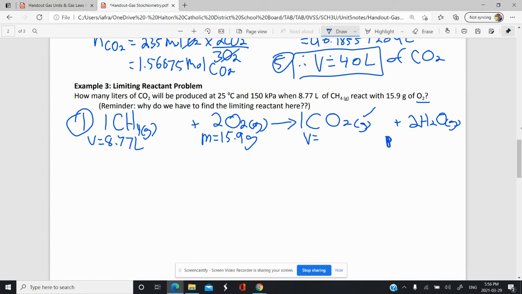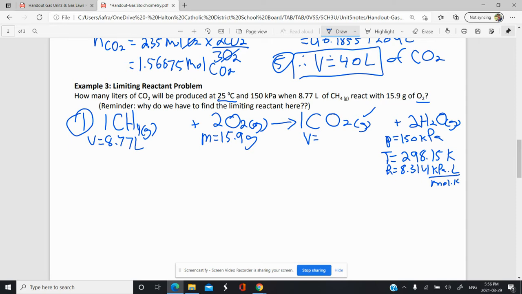We have the pressure given to us is 150 kPa. We have the temperature given to us. It's 25 degrees Celsius, but don't forget it has to be Kelvin. So that's going to be 298.15 Kelvin. We also have the R constant, as usual, 8.314, with its units of kPa liters over mole Kelvin.